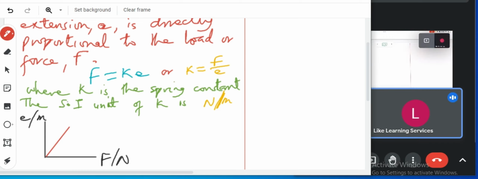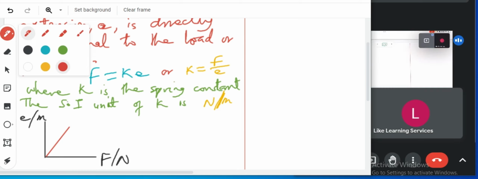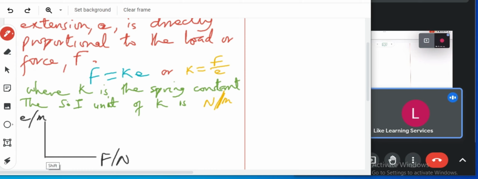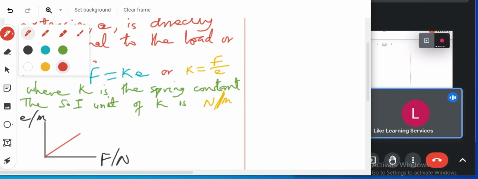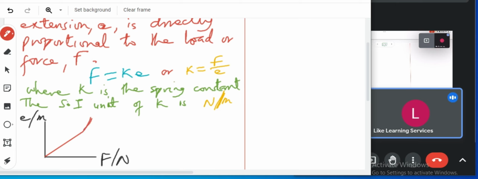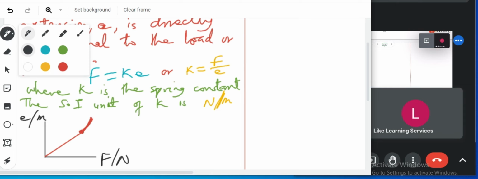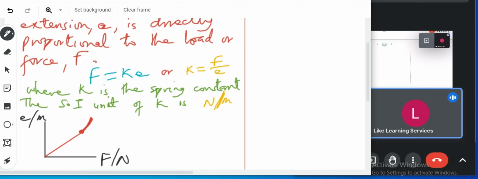Are you on the Jamboard, please? Yeah. All right, let me draw this again. Beneath the elastic limit it is going to be like this. Now, once it goes beyond the elastic limit, it's no longer proportional, so it will curve. This position we can call E, the limit of proportionality, or elastic limit.